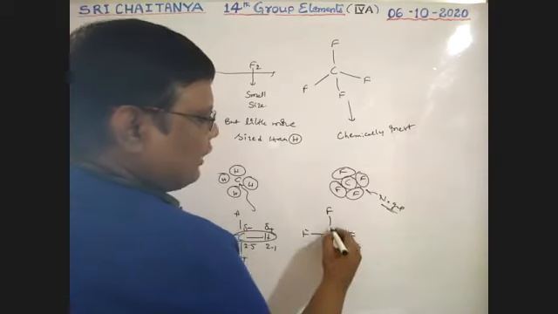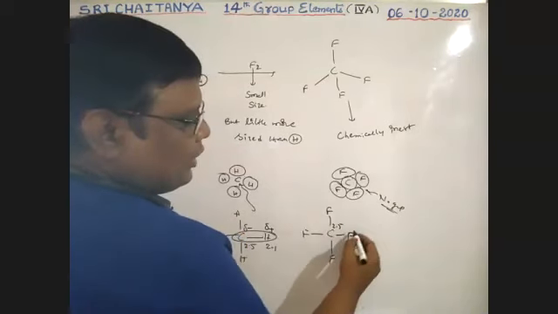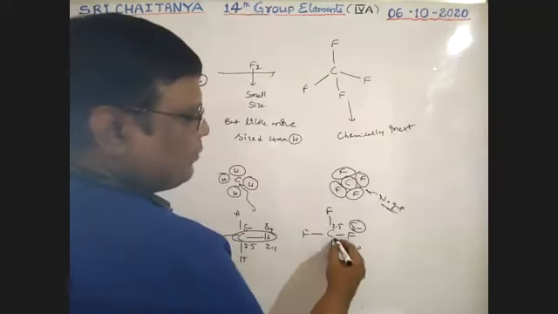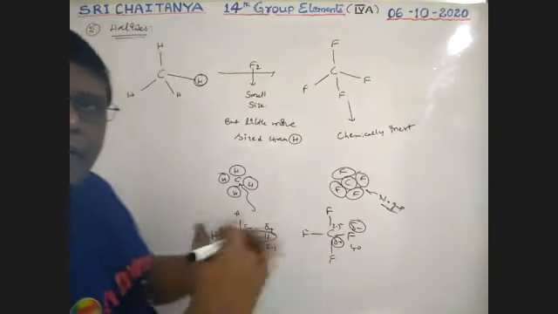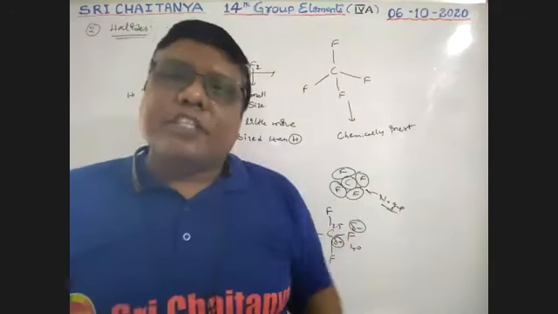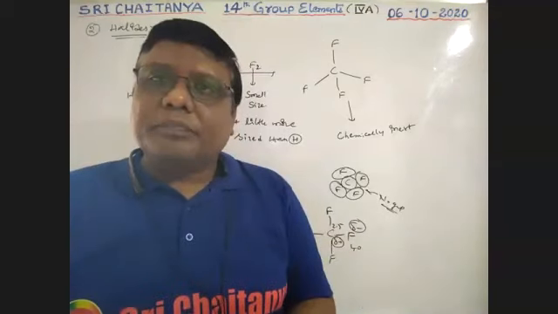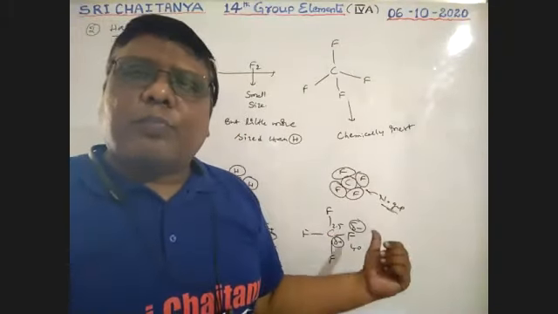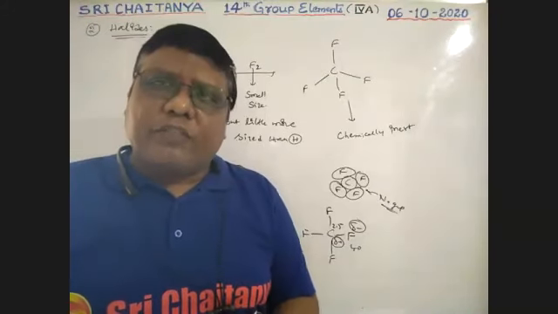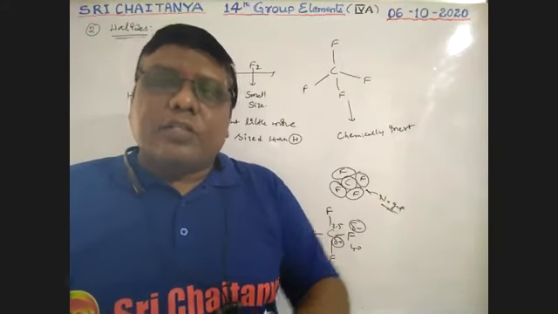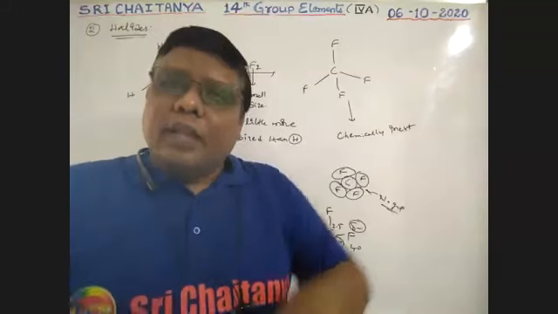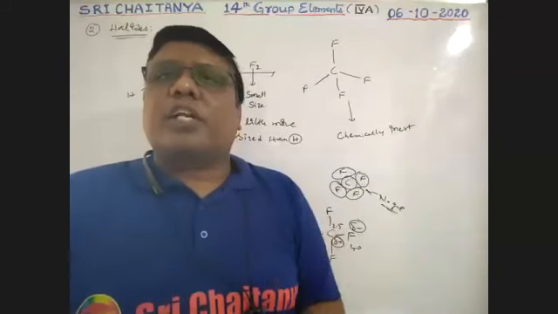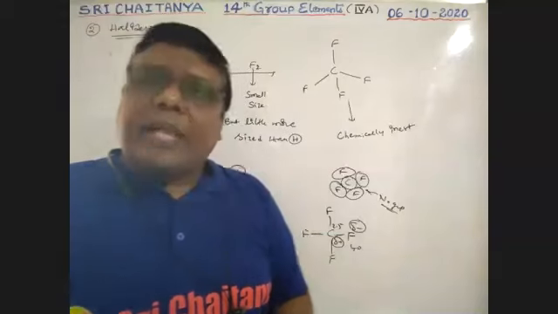Fluorine 4.0, carbon 2.5. So fluorine gets negative charge, carbon gets positive charge. Almost ionic nature is there. Strong attractive forces exist between carbon and fluorine. 4.0 minus 2.5, almost 1.5, and more ionic nature. So strong attraction between carbon and fluorine. That means more shielded. Because of that, almost non-reactive.